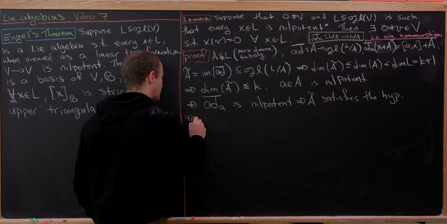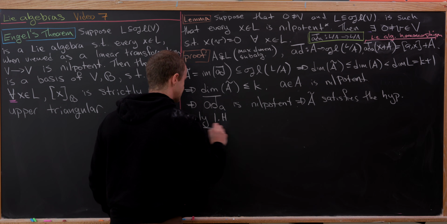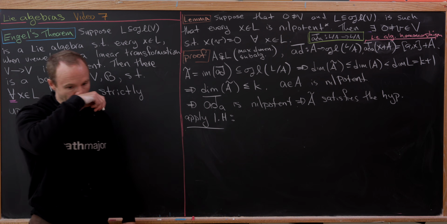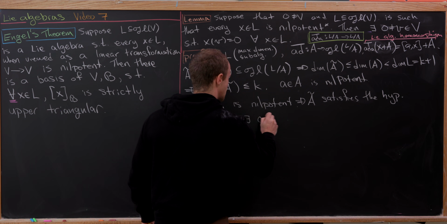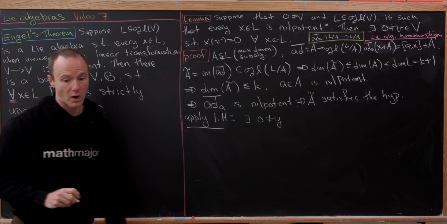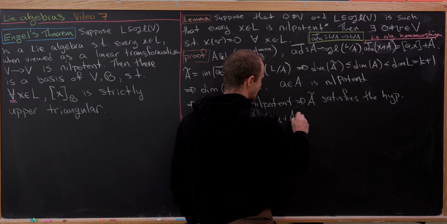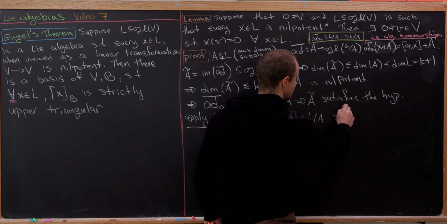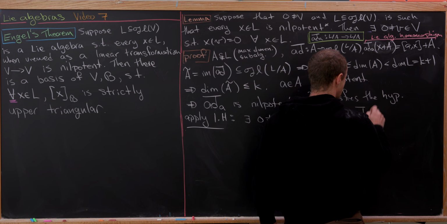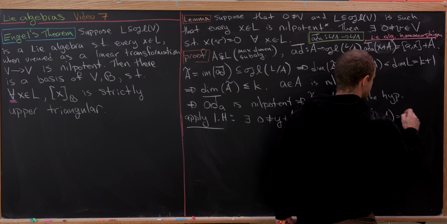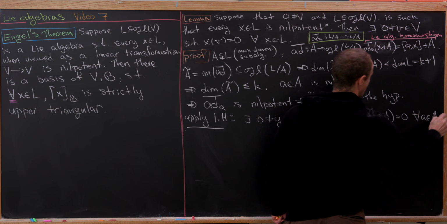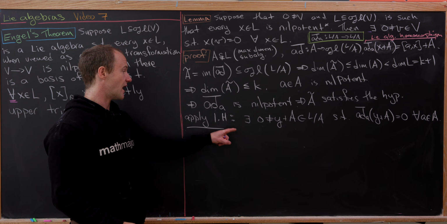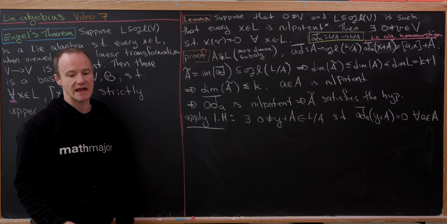So we can apply the induction hypothesis to this subalgebra A tilde. That gets us a non-zero element, which I'll call y, inside of L mod A, which means it should be a coset y plus A inside of L mod A, such that ad A tilde of y plus A is equal to 0 for all a within A. Again, that's by the induction hypothesis being applied to this subalgebra A tilde.